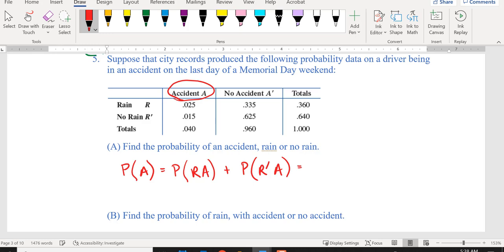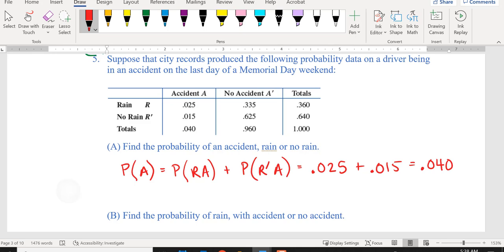So I get 0.025 plus 0.015, and that is the number 0.040. And look, the probability of an accident down at the bottom of that column is 0.04.